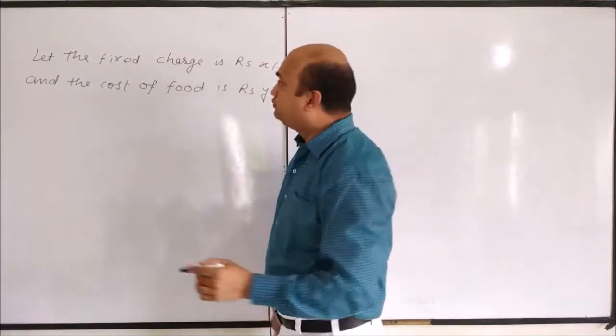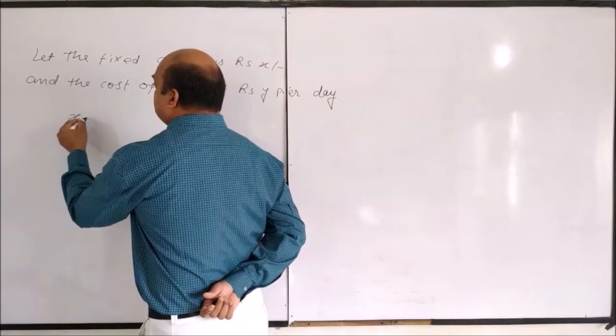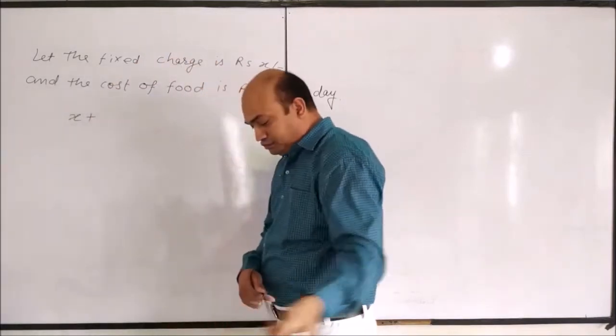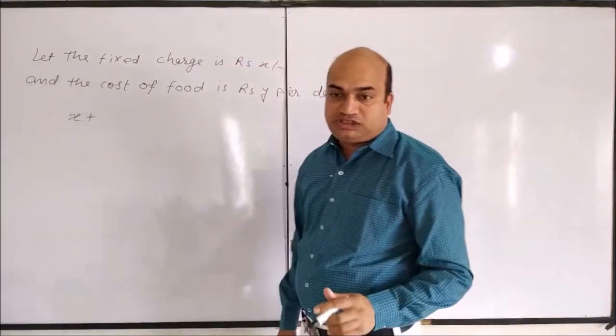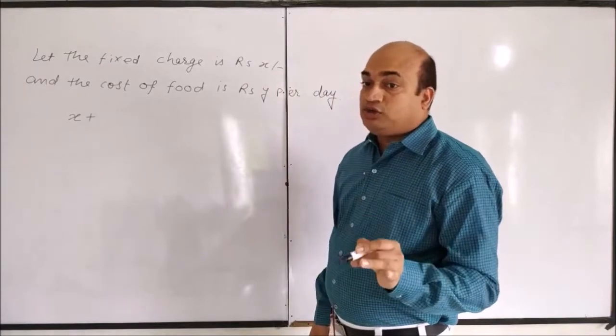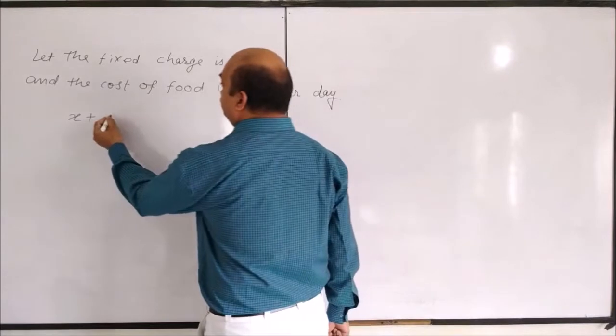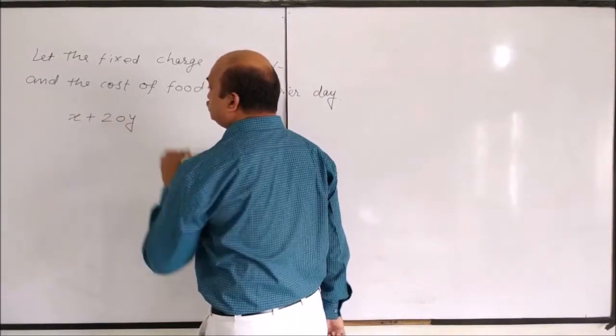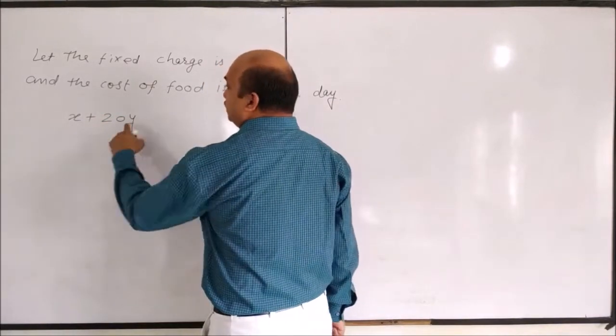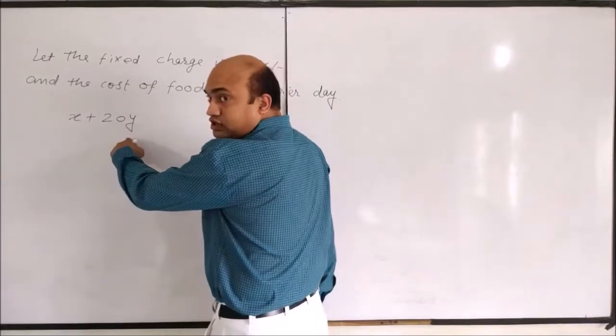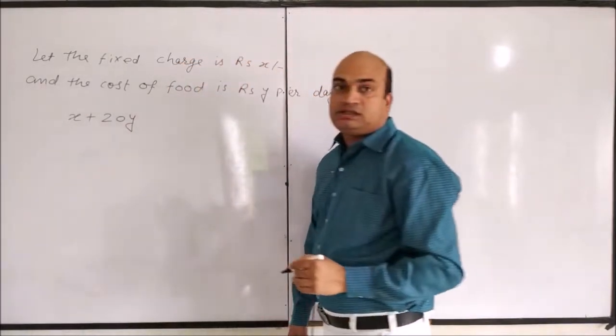You see, X rupees is the fixed charge one has to pay, and for each day Y rupees for the food. So if one wants to take food for 20 days, then he has to pay 20Y rupees. 20Y is the cost of food and X is the fixed charge.